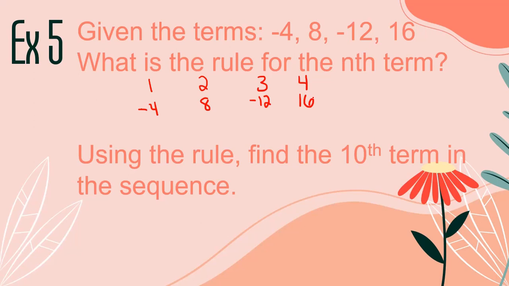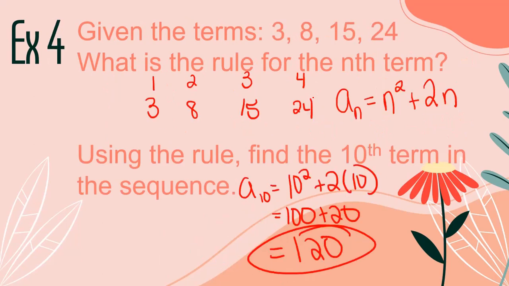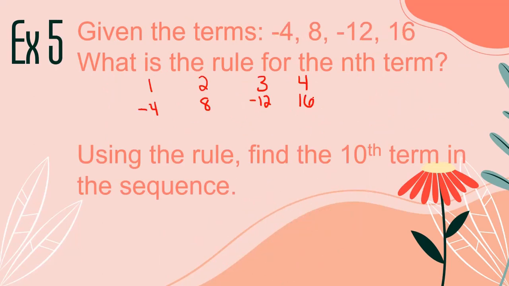Well, if I'm swapping signs, that'd probably be like a -1 to the n, kind of like how this guy did it. Kind of that negative was in there. So what if I had -1 to the n? Then that would give me a negative, a positive, a negative. And then, well, we're constantly going up by 4.